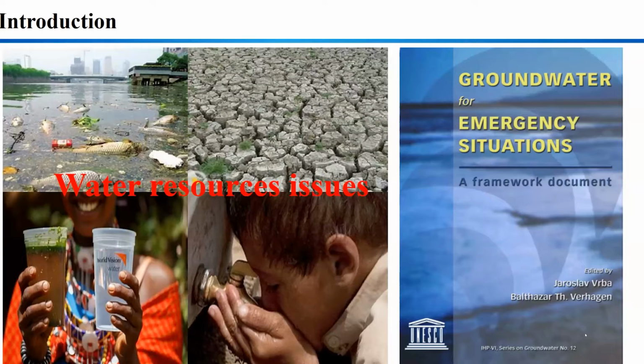In response to the sudden increase of natural or man-made disasters in recent decades, the UNESCO International Hydrogeological Project undertook the Groundwater for Emergency Situations project and provided methodological guidance for groundwater as an emergency water source.